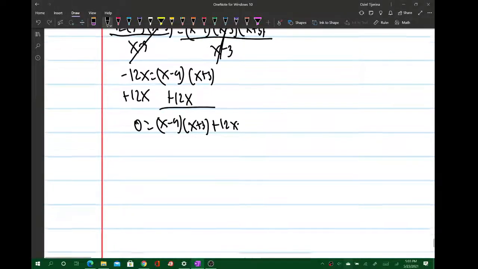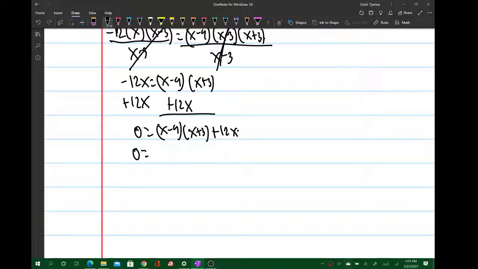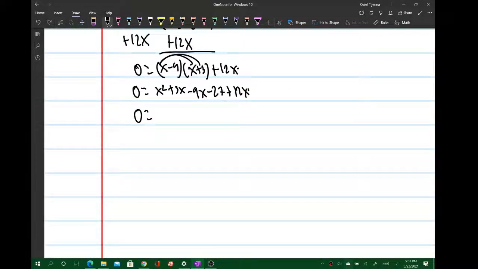This is equal to 0 is equal to x squared plus 3x minus 9x minus 27 plus 12x. So then we have 0 equals x squared plus 3x plus 12x minus 9x minus 27.